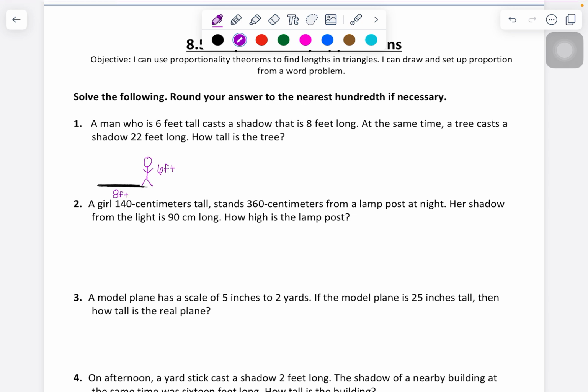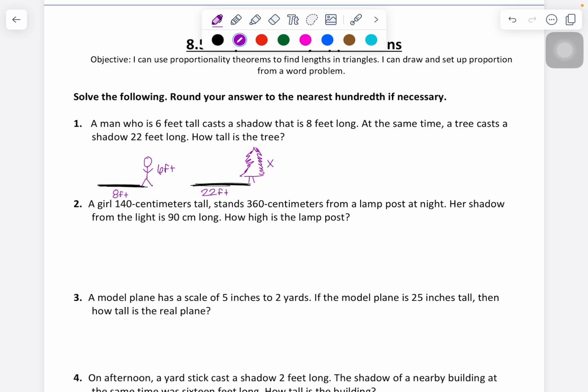Now, we've also got this tree. My tree is clearly purple. And it's a pine tree, and it's kind of a weird pine tree, but that's okay. And it is making a shadow on the ground. Its shadow is 22 feet long. We don't know its height. That's what we're trying to solve for.